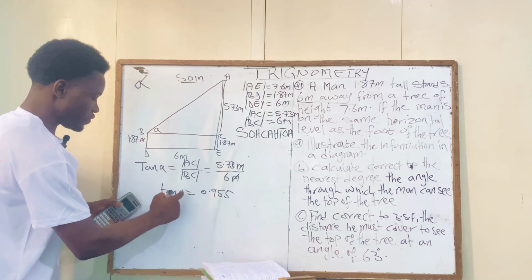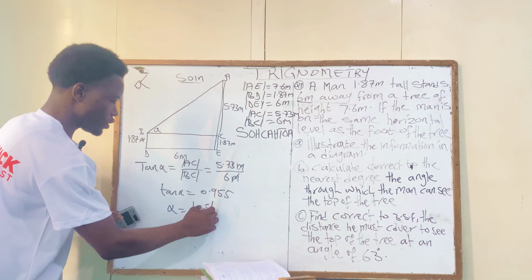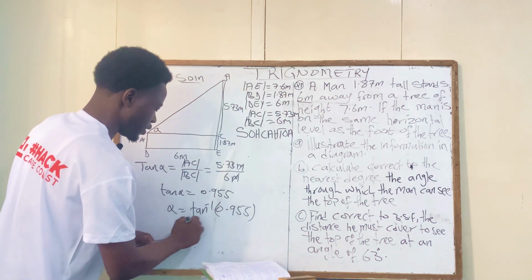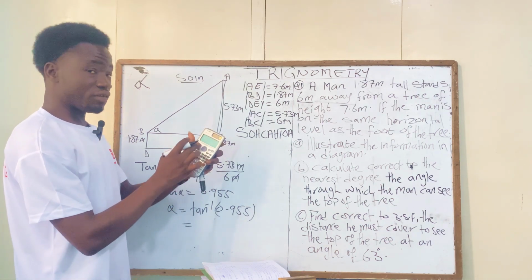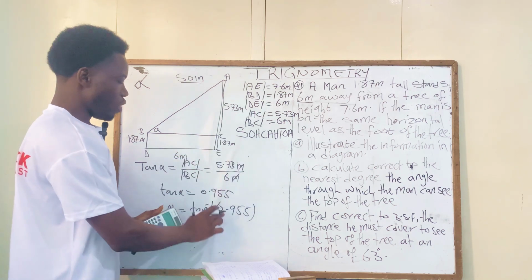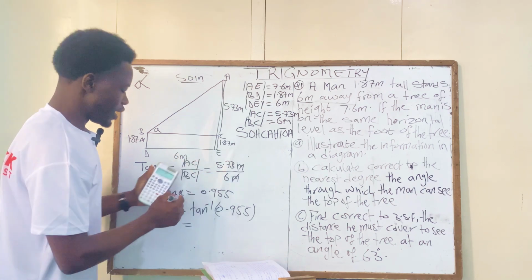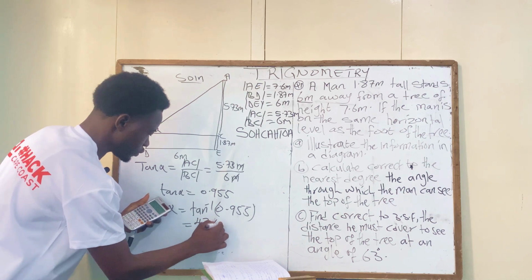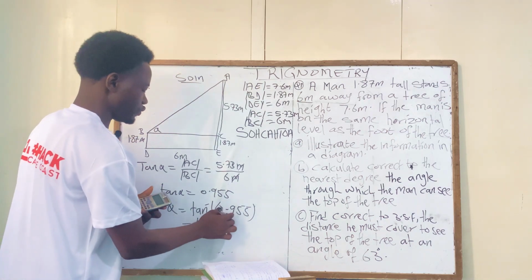When I take tan inverse on this side, I'll have only alpha to be equal to tan inverse of 0.955, and this is equal to, so take tan, the tan inverse is press shift before you press the tan, you get a tan inverse of 0.955, and you are going to get the angle as 43.681 degree. So get a degree clear.